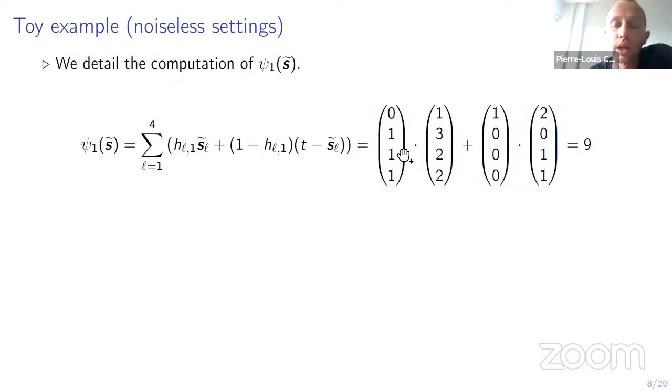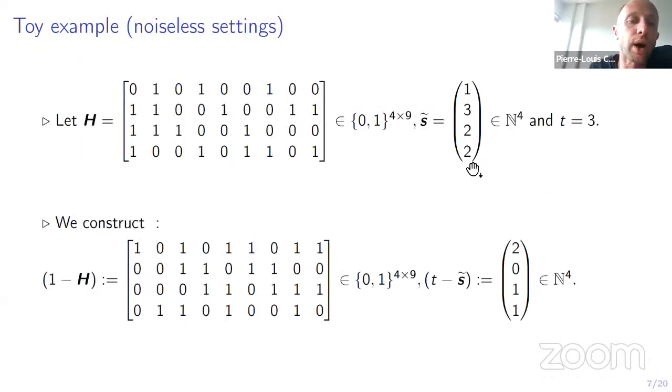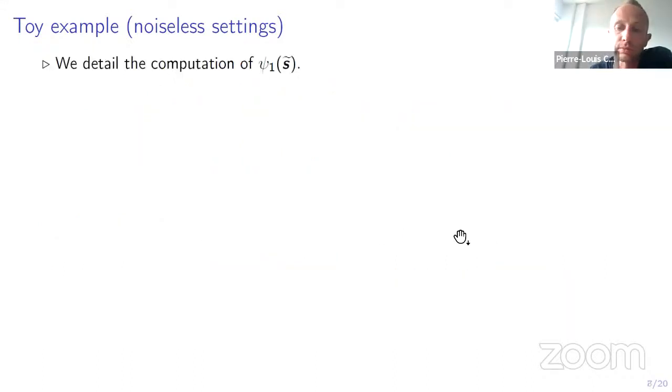So we do the dot product, the scalar product between those two vectors. So this gives us a value: 3, 5, 7. And we use the second matrix, the 1 minus H matrix, and we do the same. We take the first column, we multiply by this vector, and we obtain 1 times 2, which is equal to 2, 0, and so on.